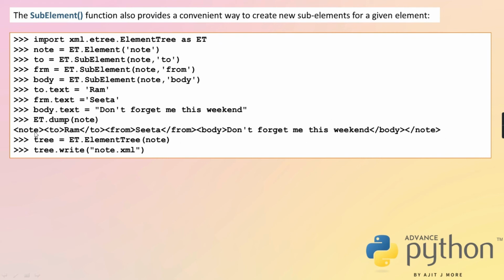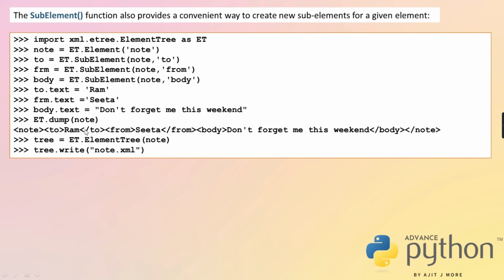This is an XML string. And now if you want to save it in a file, you cannot save an element. You have to save through ElementTree. So create an object of ElementTree. You can create an object of ElementTree also because it is also a class. So you are creating an object of ElementTree, passing to it the root element, and then by write you are saving it.